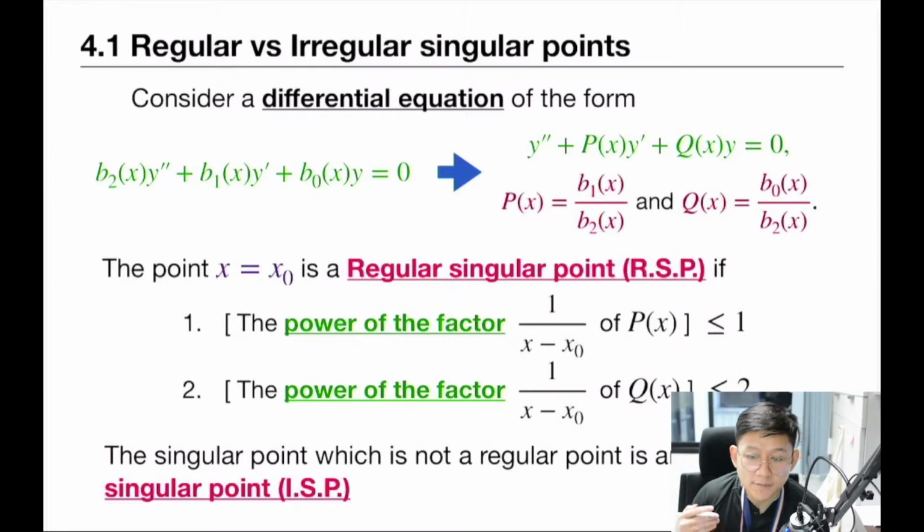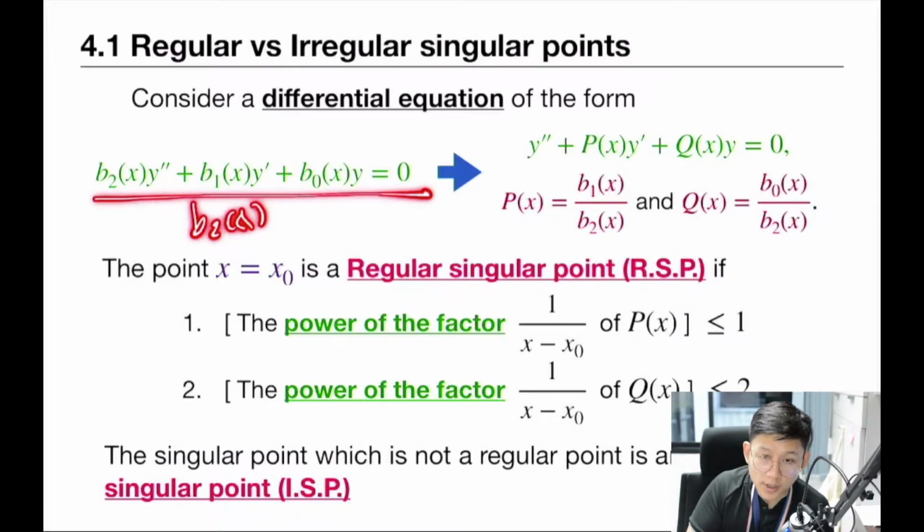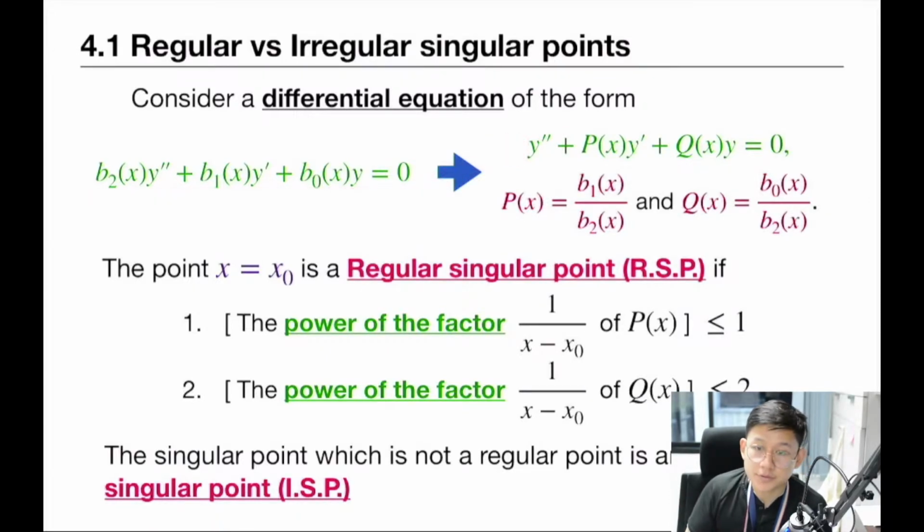If I divide this equation by B2(x), I will receive that equation where P(x) is B1 over B2 and Q(x) is B0 over B2.